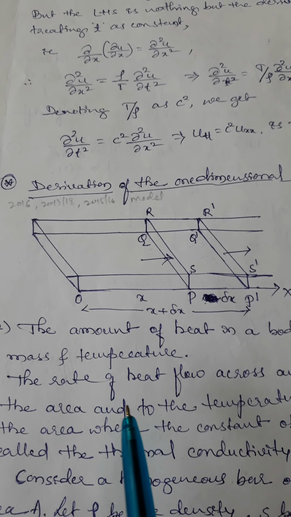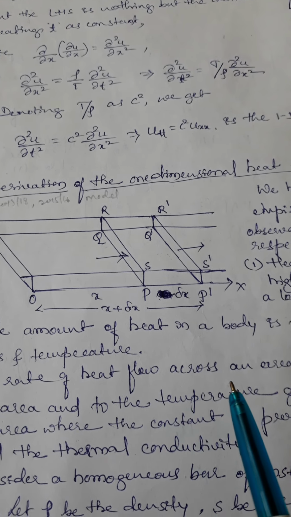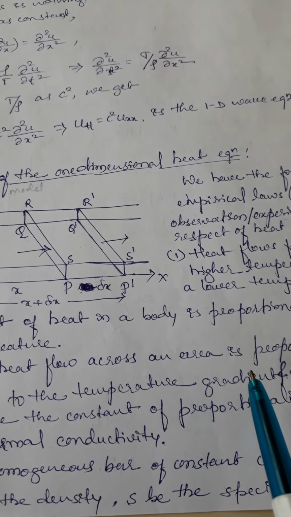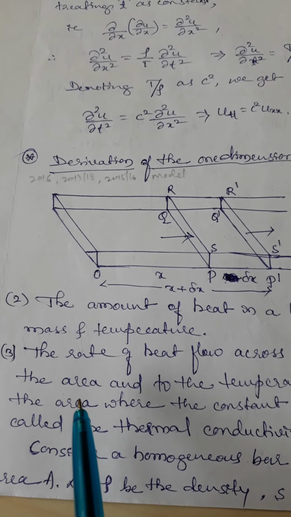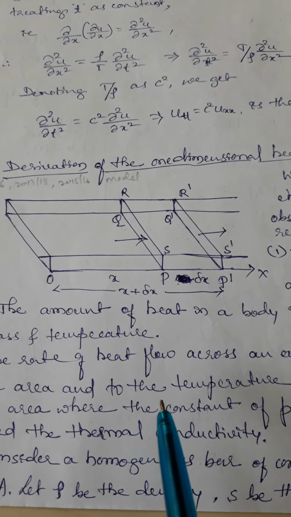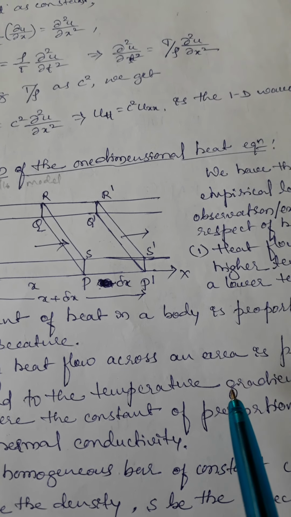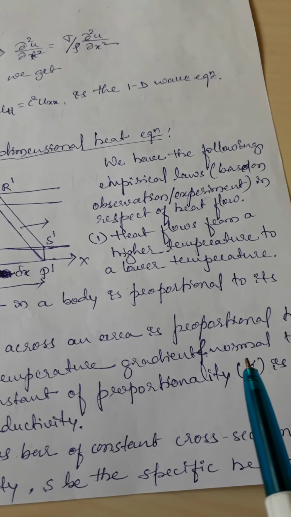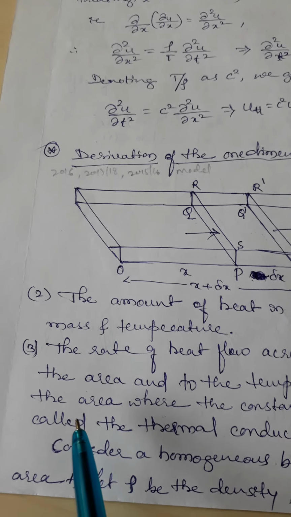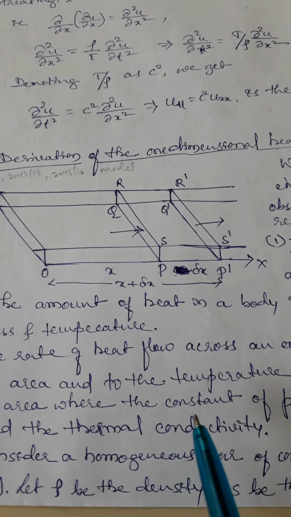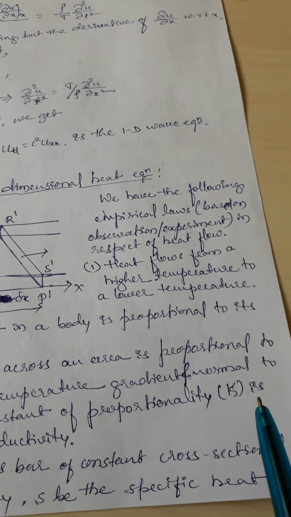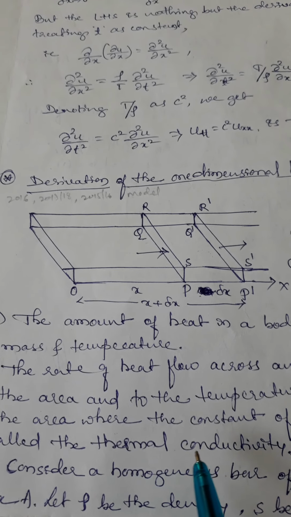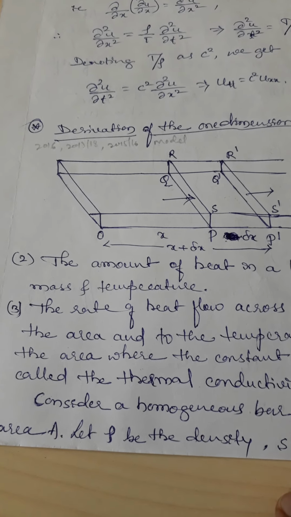The third, the rate of heat flow across an area is proportional to the area and to the temperature gradient normal to the area, where the constant of proportionality, that is K, is called the thermal conductivity.